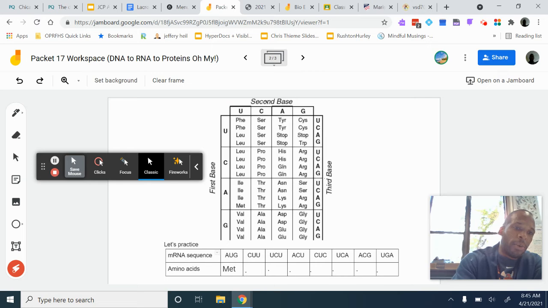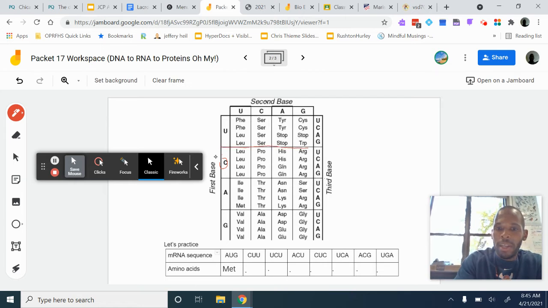Okay, and what I want to do with this is I got to find C on first base, which is right here. So I know my answer for my amino acid is going to be somewhere in this quadrant.